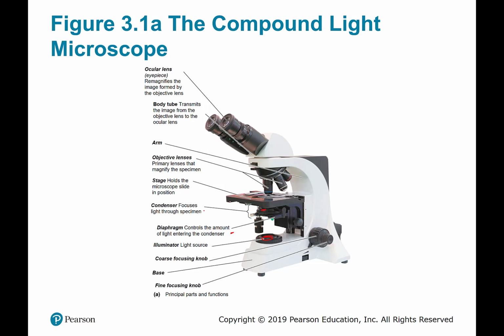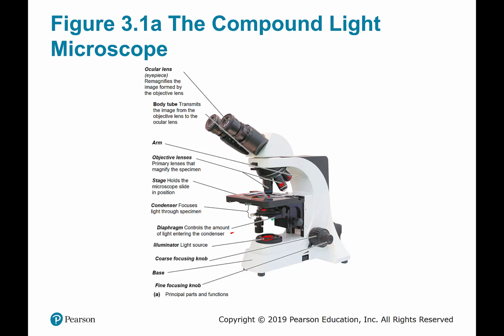With the condenser, it is going to consist of lenses that focus the light onto the specimen, which would be sitting on the stage. And your objective lenses are going to contain magnifying lenses, and they're going to vary from 4x, 10x, 40x, and then 100x. And they will rotate along this nose piece, so you can rotate among the different objective lenses.